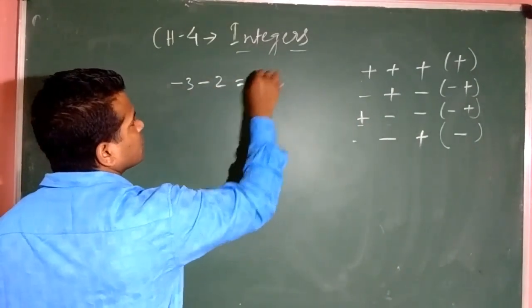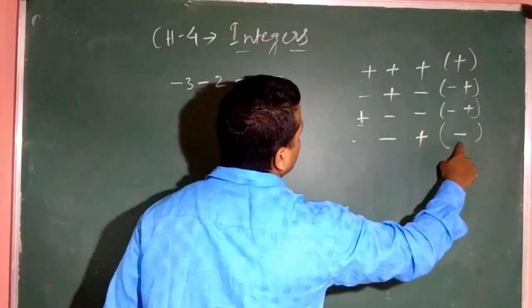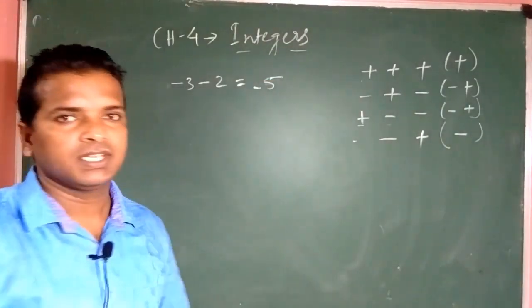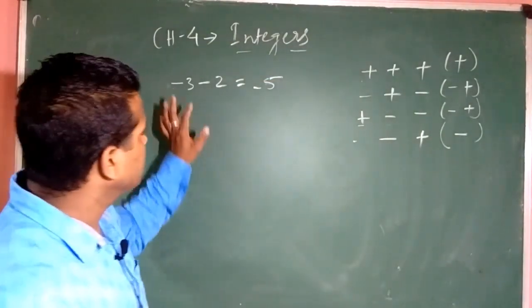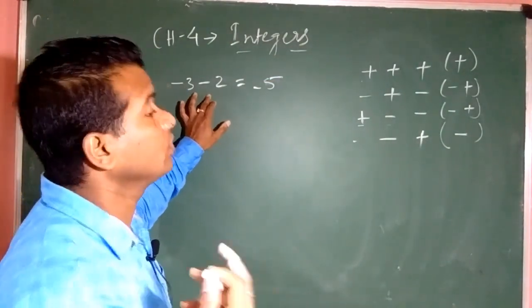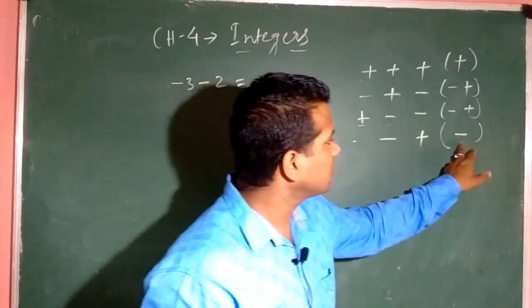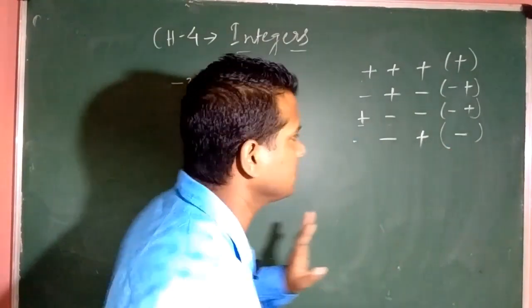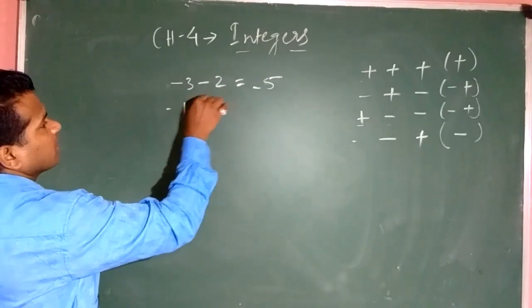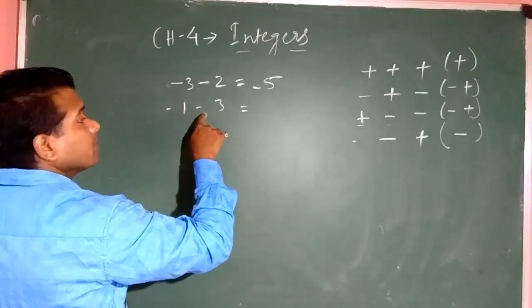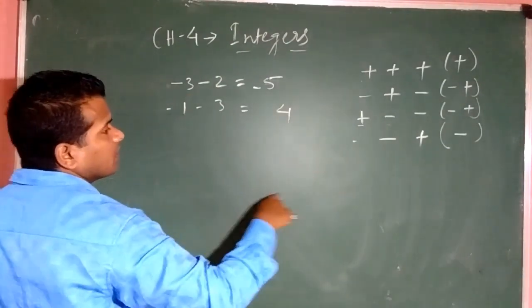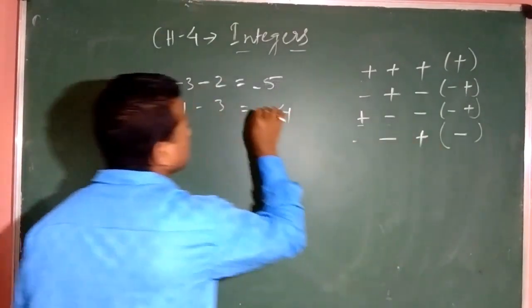How much? 3 plus 2, 5, but the sign is only one, minus. Concept clear, isn't it? Minus, minus, plus, we will do plus, but the answer will come in the form of minus. Again minus 1, minus 3, minus, minus, plus, 3 plus 1, 4, but when minus, the answer also minus, so minus.